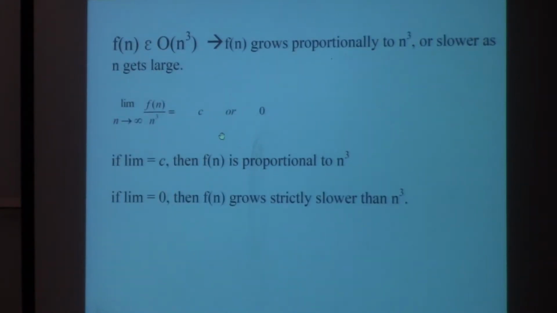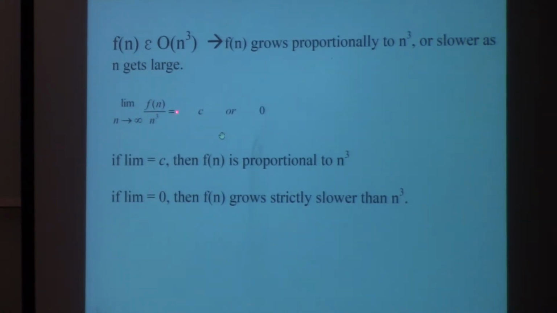Okay. So what we're going to do is take these functions. This is the known function. Let's say the known function is n cubed, and this is our function of n. We will take n, which is the data size, the input size for the function, and put the ratio of our function that we're interested in over the known function n cubed, and then take the limit as the data size goes towards infinity.